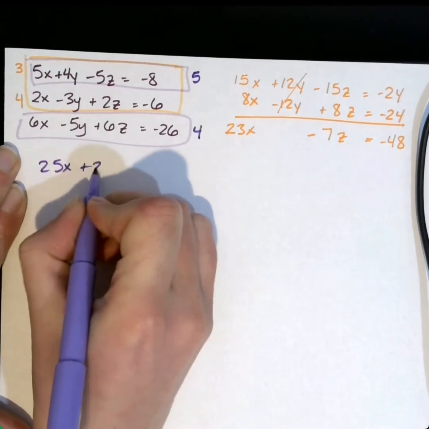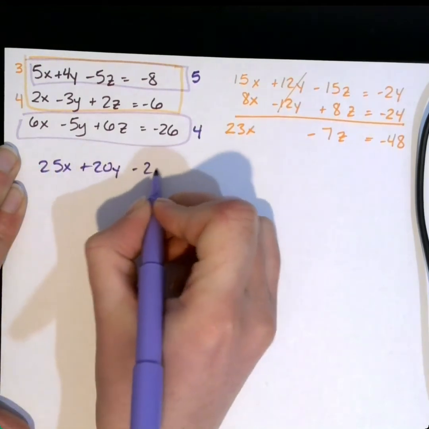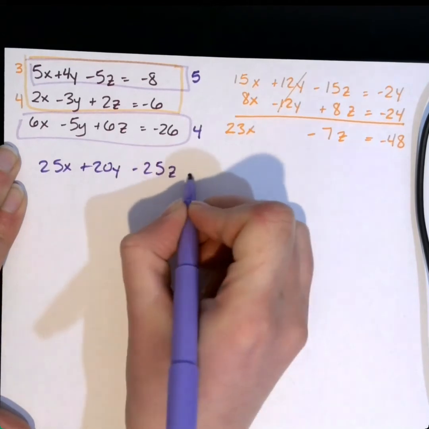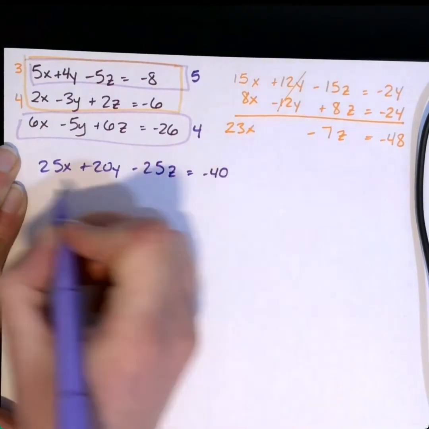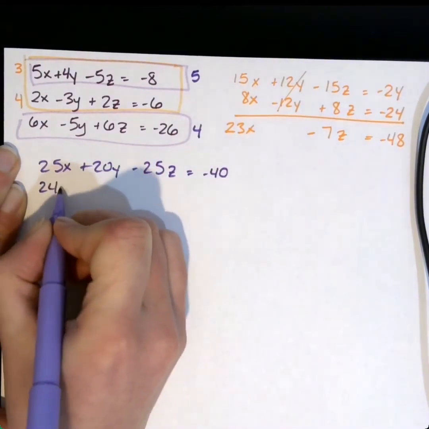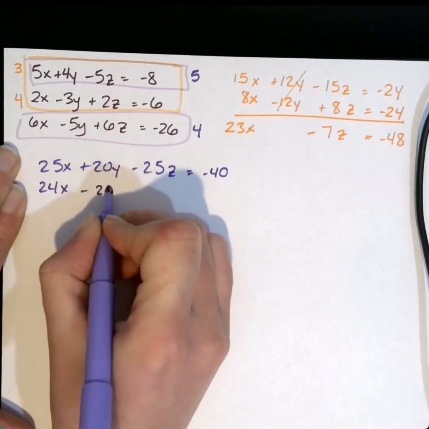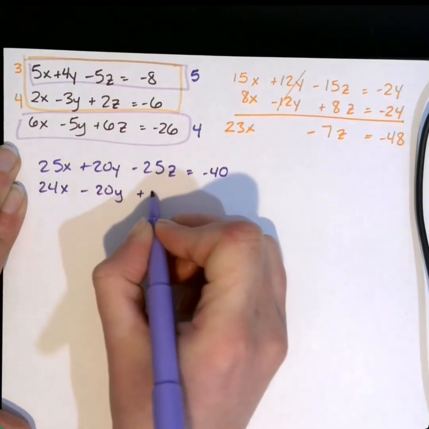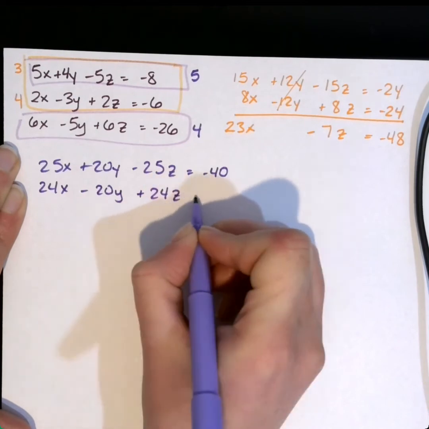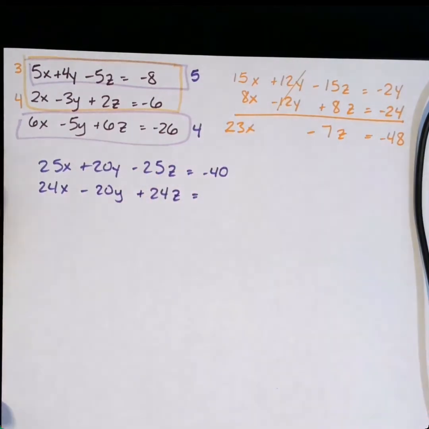25x plus 20y minus 25z equals negative 40. And then 24x minus 20y plus 24z equals, I gotta check real quick on my calculator to do the 26 times 4.